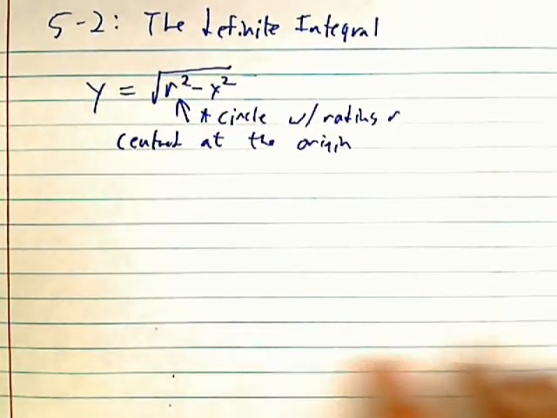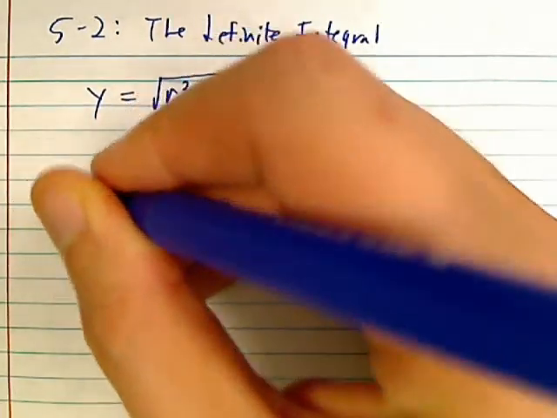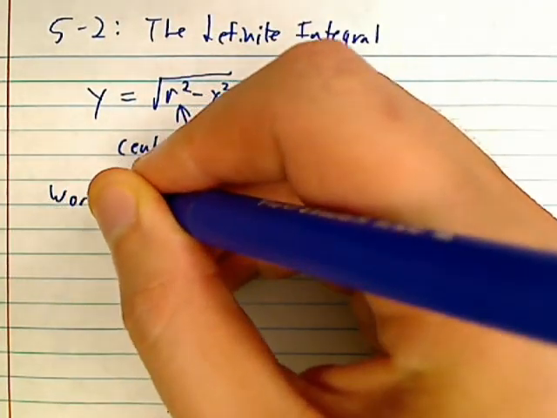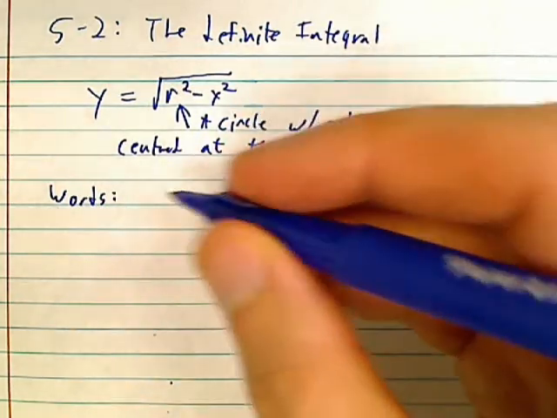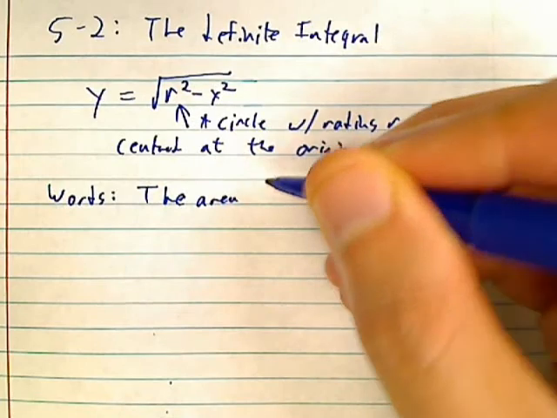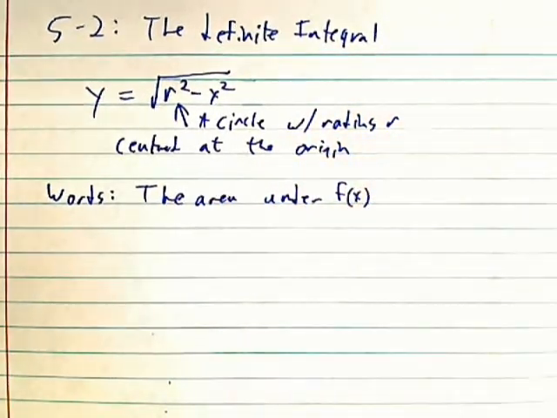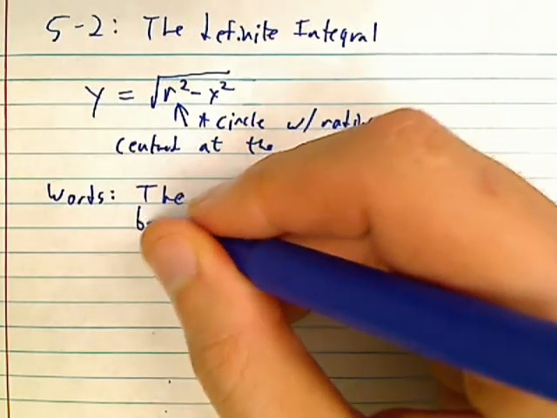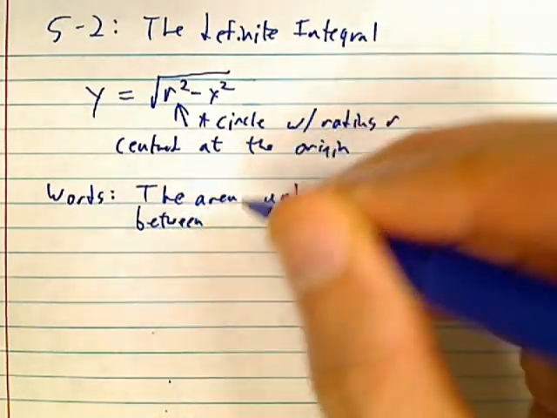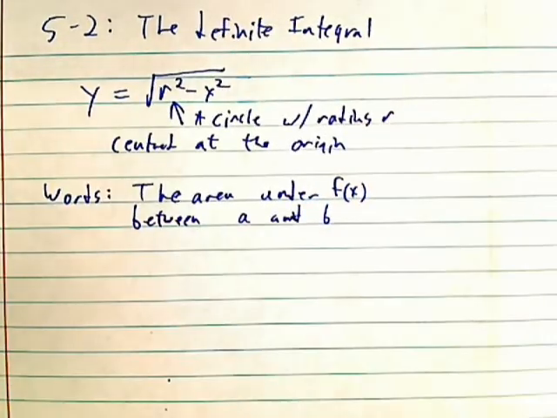Okay, let me give you a statement here. Back to the definite integral. With words, we say things like this: the area under f of x between a and b, between a couple of different numbers.